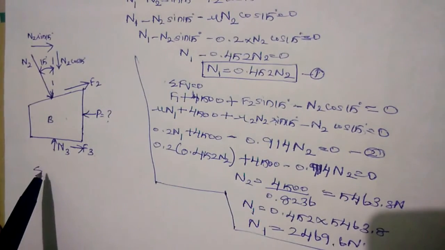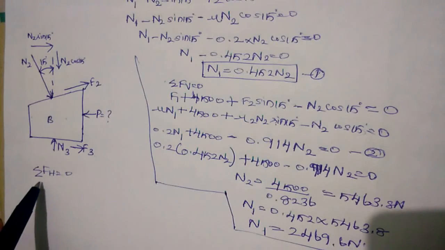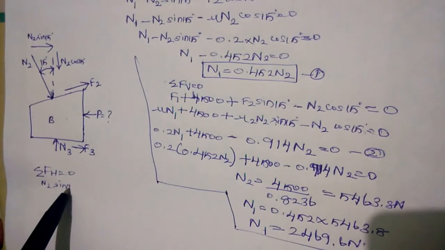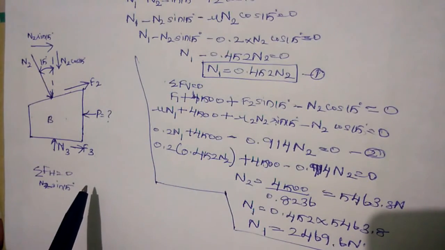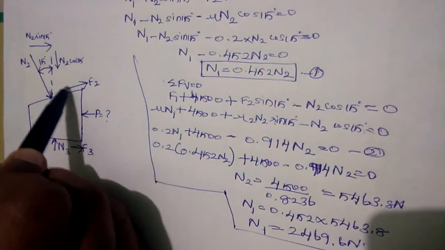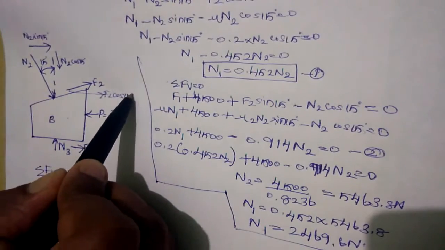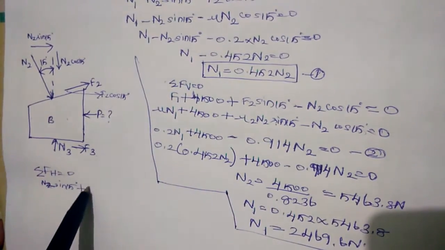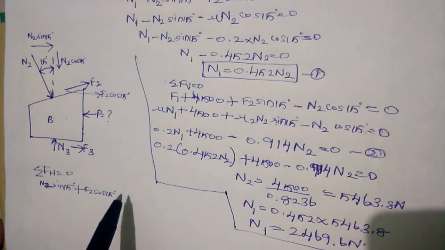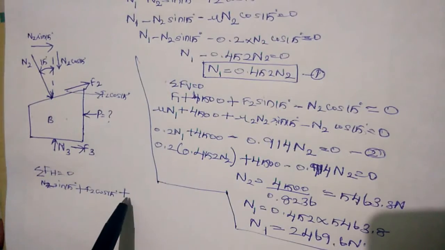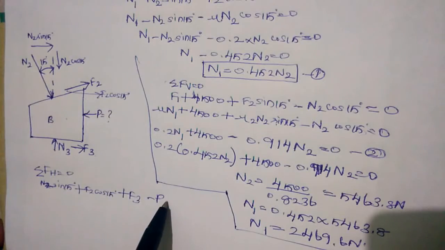Now equating horizontal forces equal to 0 gives: N2 sin 15 degree acting towards the right, F2 cos 15 degree acting towards right, plus F3 acting towards right, minus P is equal to 0.